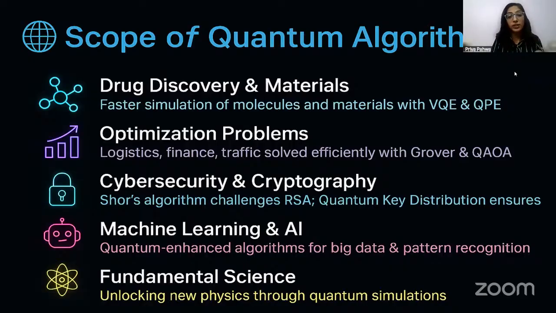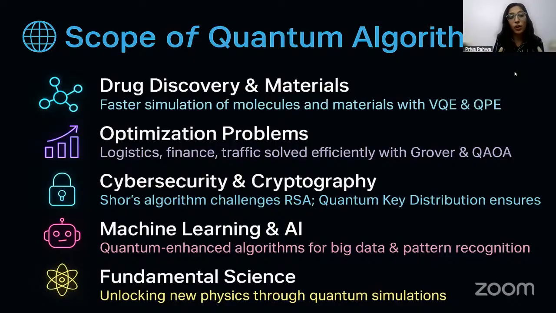Drug discovery is very much in progress these days, and people are coming up with different algorithms to solve this problem. Then there are optimization problems, AI-generated models, and fundamental science, where new physics is being unlocked through quantum simulation.